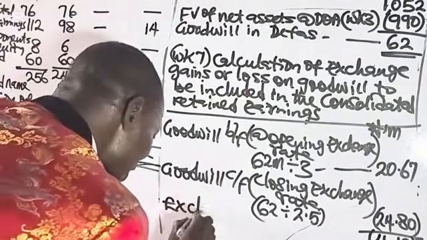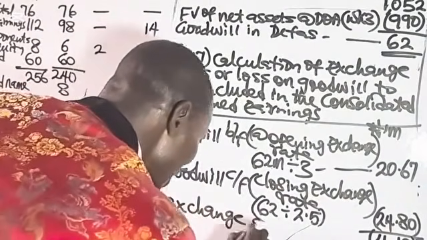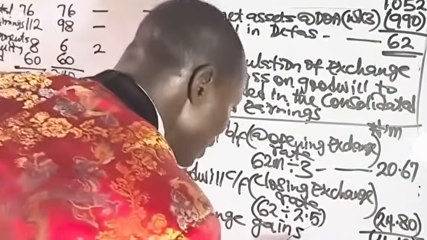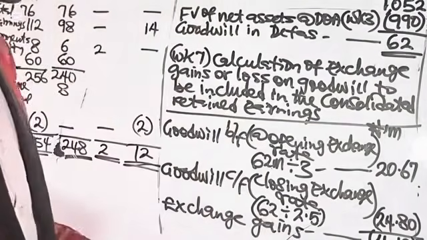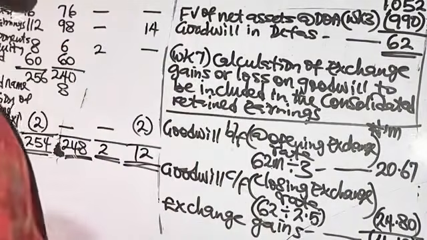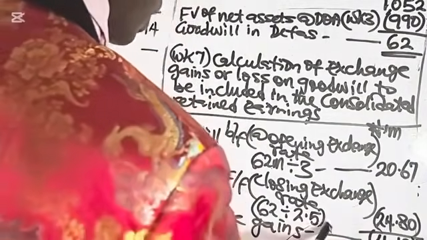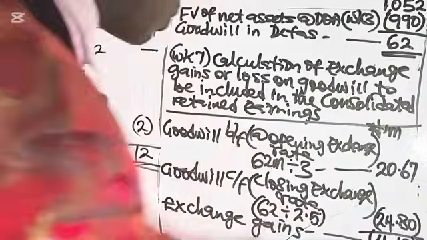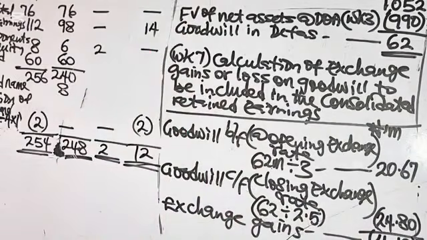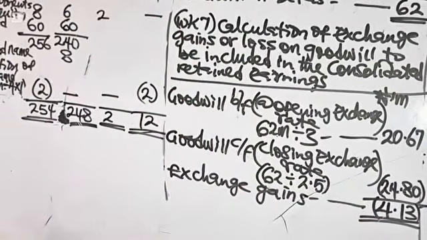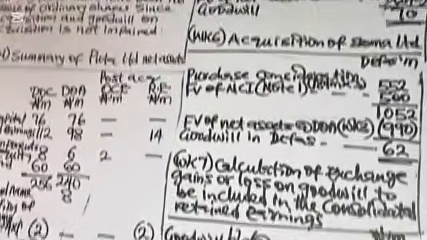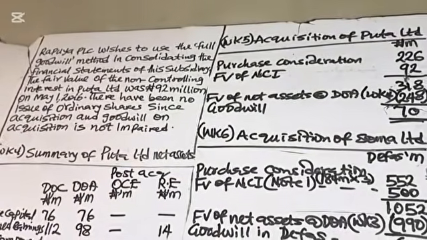We have exchange gains on goodwill. These exchange gains will be added to the consolidated retained earnings. But the goodwill that will be consolidated now, the closing one, is 24.80 for Soma Limited, plus goodwill of 70 million for Puta.